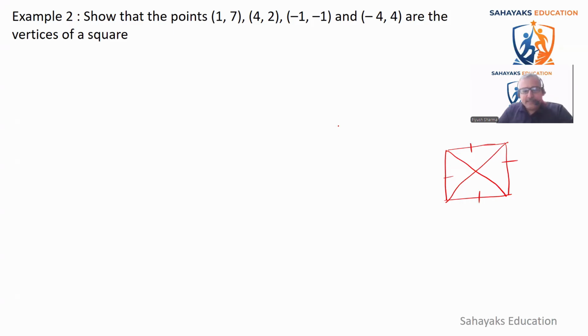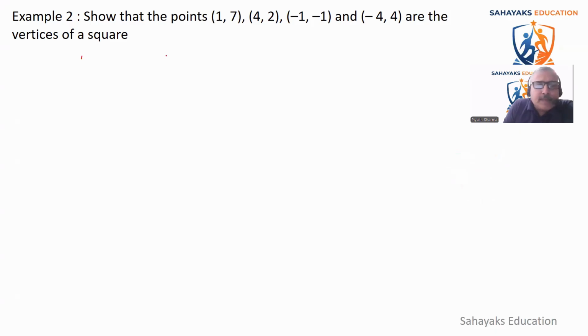Okay, so let's make this figure. I'll just clear it up and make this figure nicely, and we'll keep the points. This time we'll make it more formally. We'll take the points: this is 1,7, this is 4,2, minus 1, comma minus 1, and minus 4, comma 4.